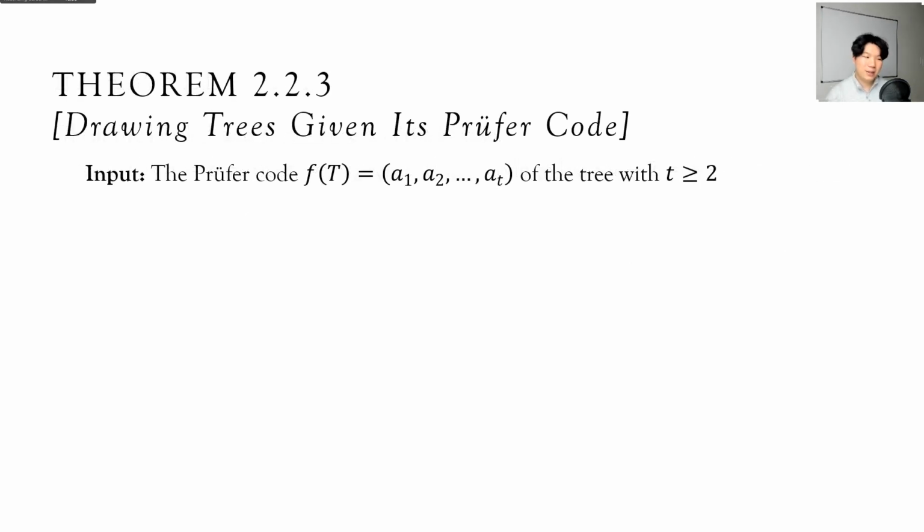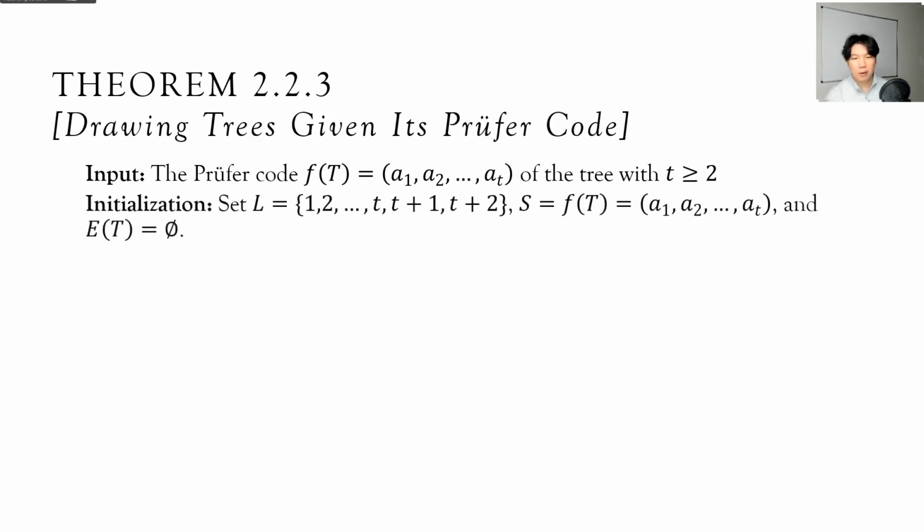So theorem 2.2.3, drawing a tree based off its Prüfer code. Here the input would be the Prüfer code that's given, and we're assuming that I have at least 2 entries in my Prüfer code. My starting step, or initialization, is to let L be the set 1 to t plus 2.